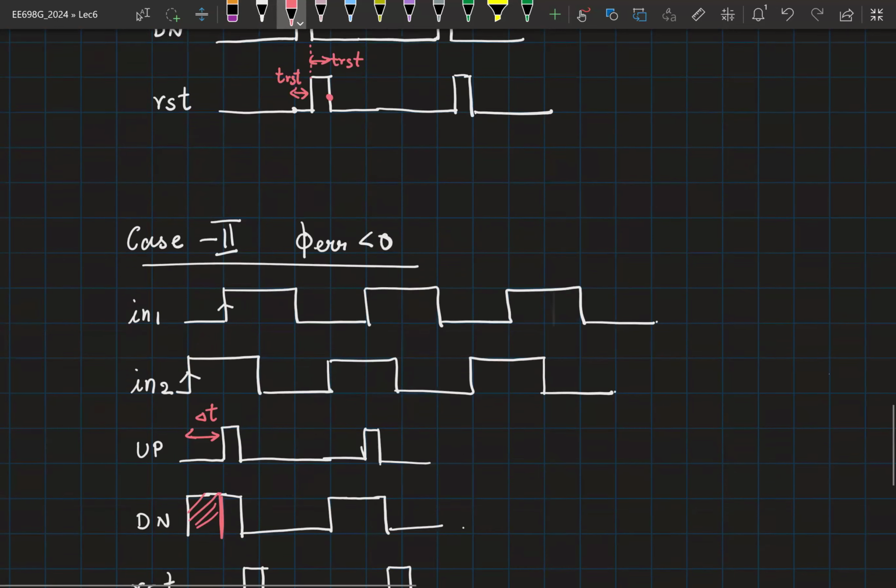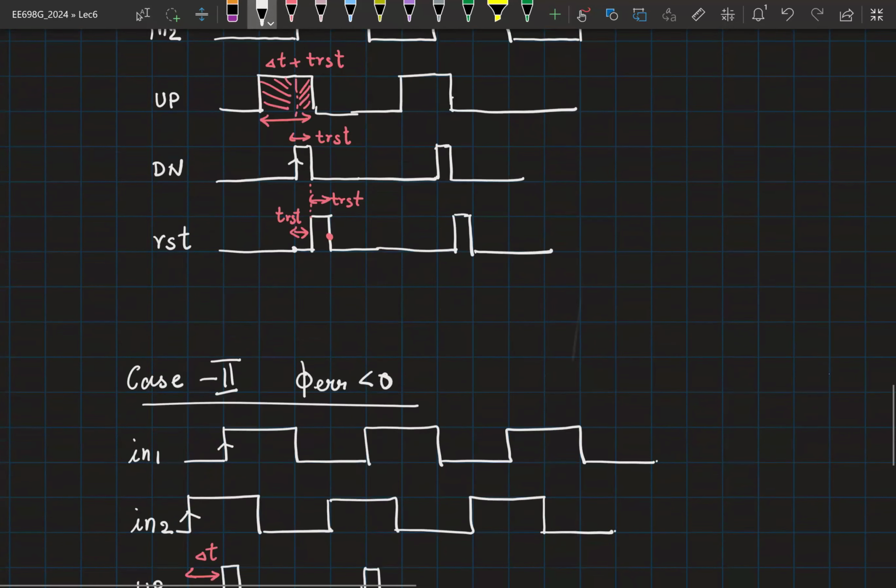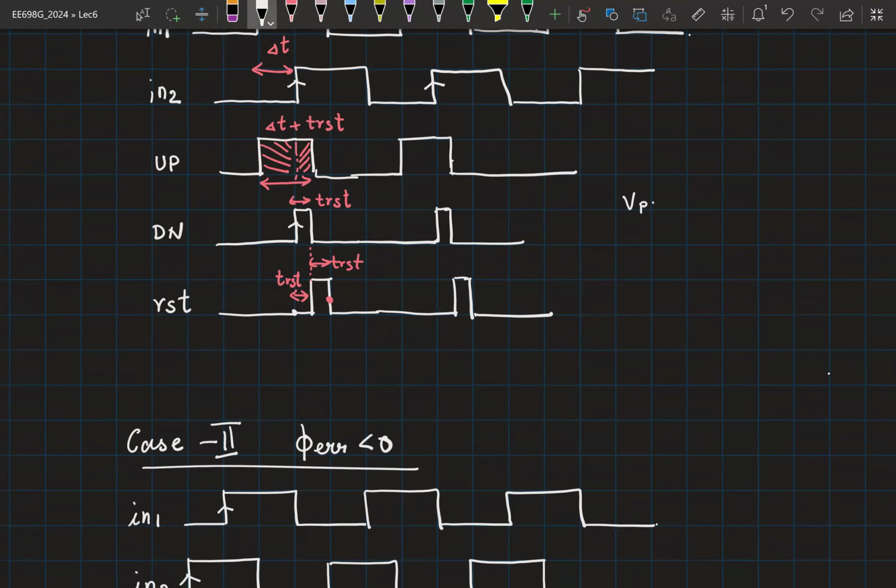Okay, so it looks like our original definition of VPD average being equal to up minus down average should still work fine. Can you tell me what expression you get? This will be equal to phi error into VDD by 2 pi. Is it clear how we got this?